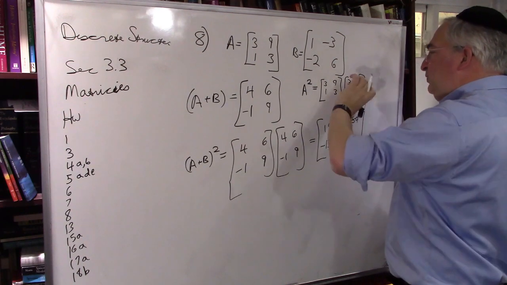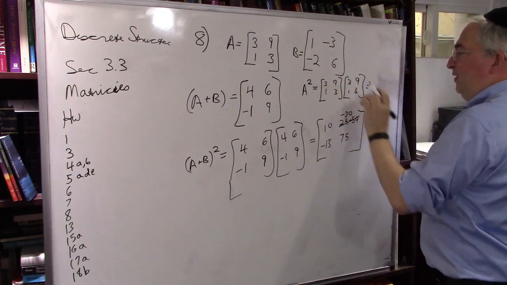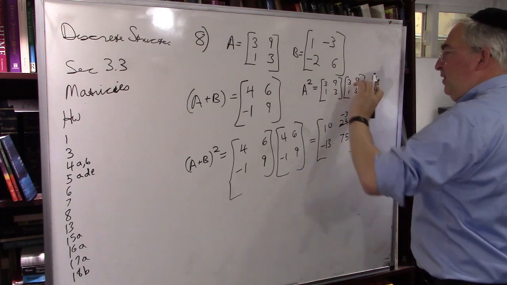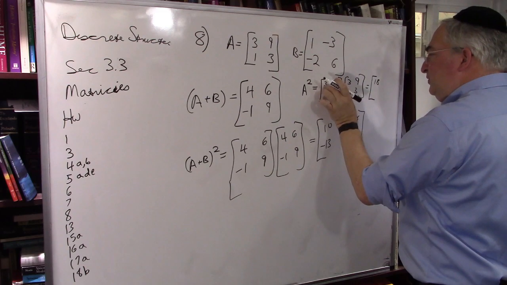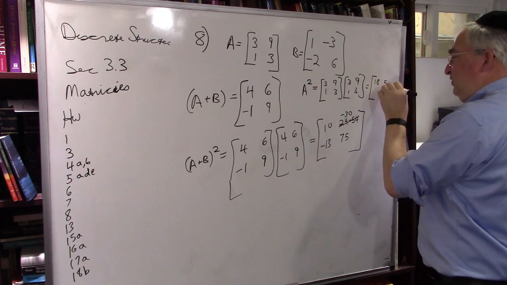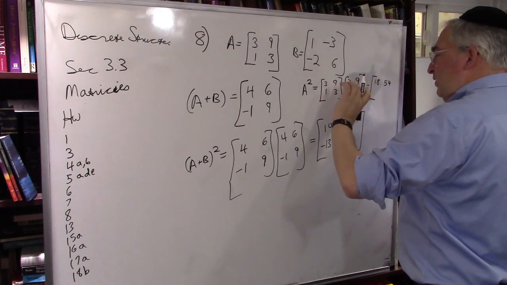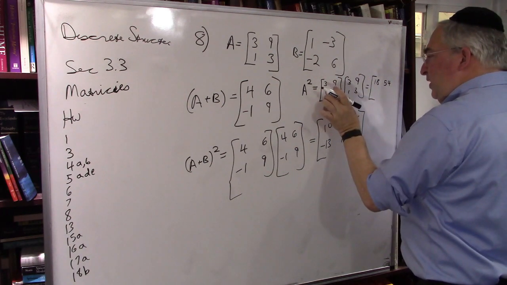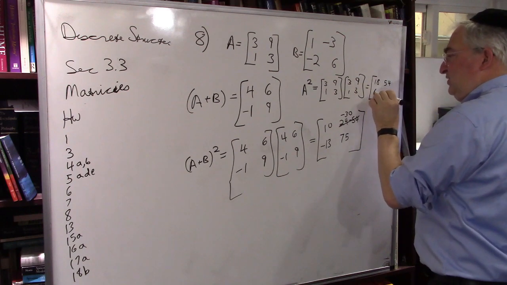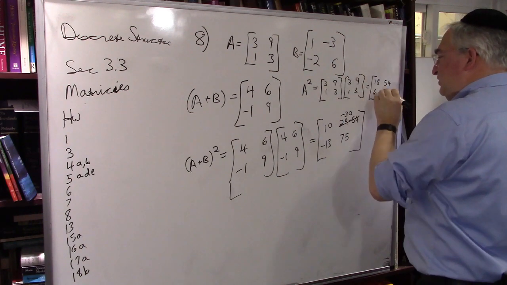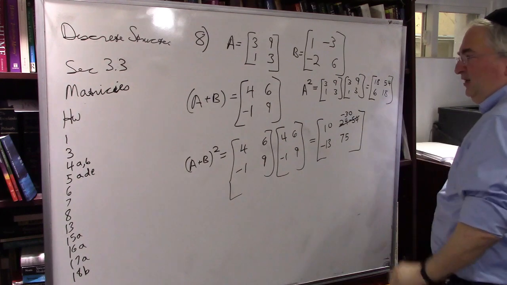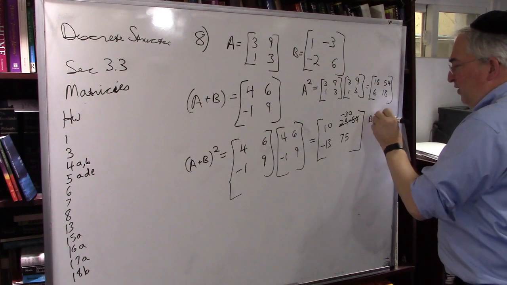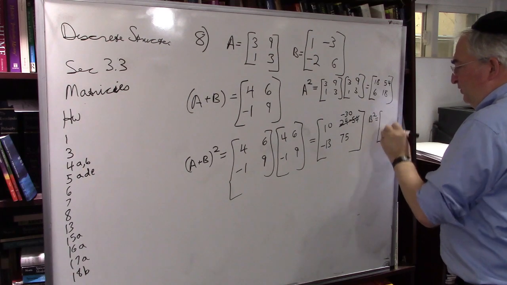So that's equal to 9 plus 9 is 18. 9 is 27 plus 27 is 54. That's 3 plus 3 is 6. And that's 9 plus 9 is 18. Okay, good. I think B squared was the one that was all zeros.